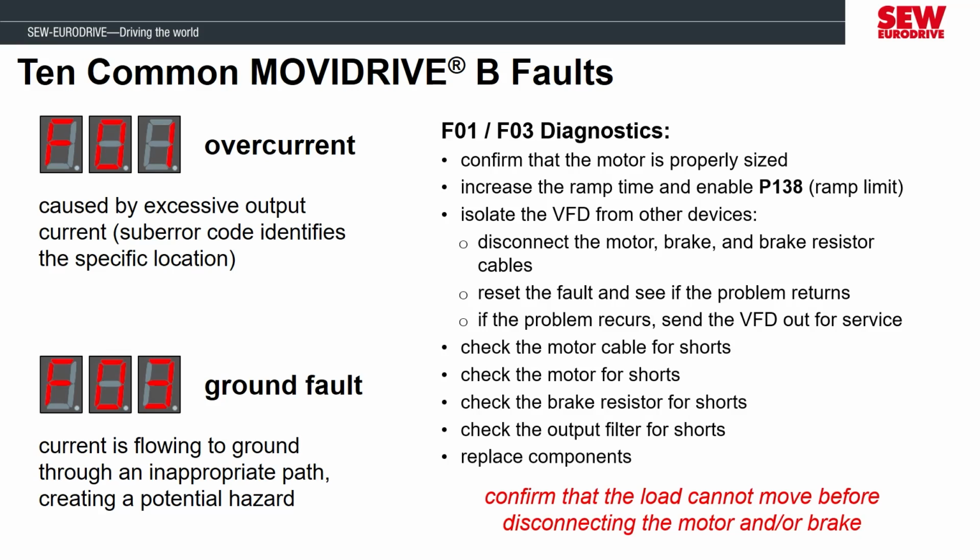The F01 and F03 are specifically with the output side of the inverter, so you will want to check downstream devices like motors, filters, chokes, brake resistors, and power cables. Since these faults deal with electrical issues, be extremely careful since cabling may be damaged, loose, or landed on the wrong terminals.